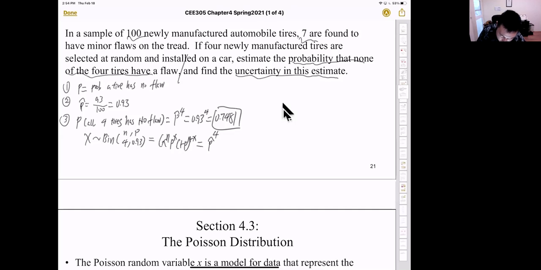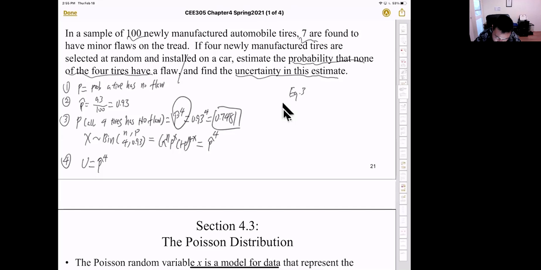And then let's look at the uncertainty in this estimate. For this estimate, the estimation is the sample proportion to the power of 4. So this is a function U, a function of the sample proportion. And from the equation in chapter 3, this is a propagation of error.